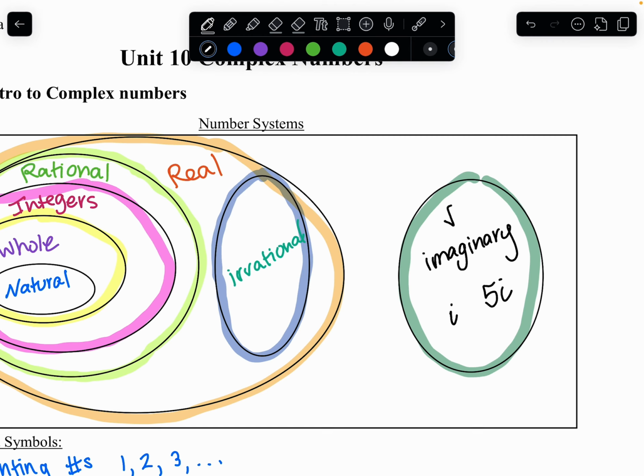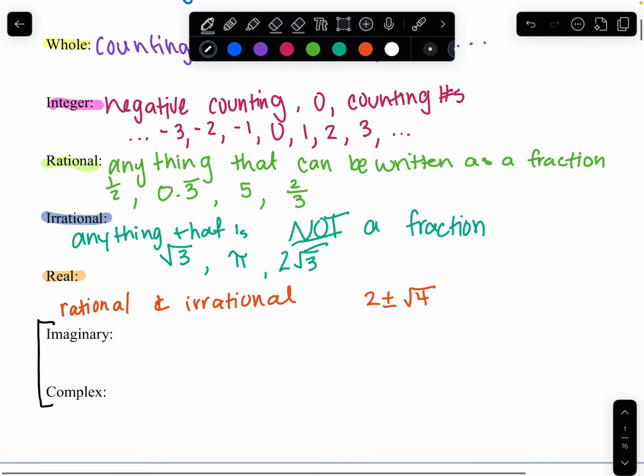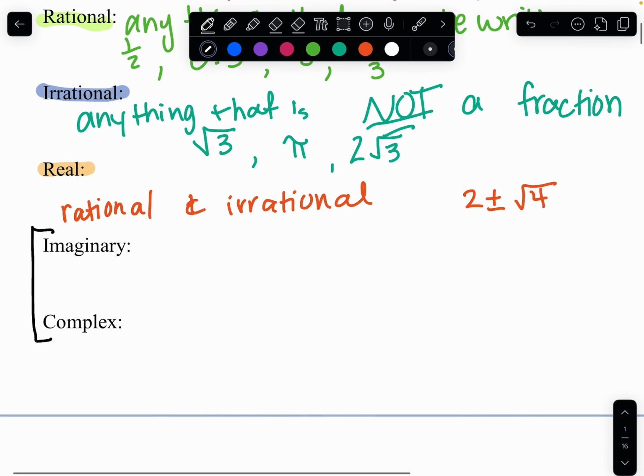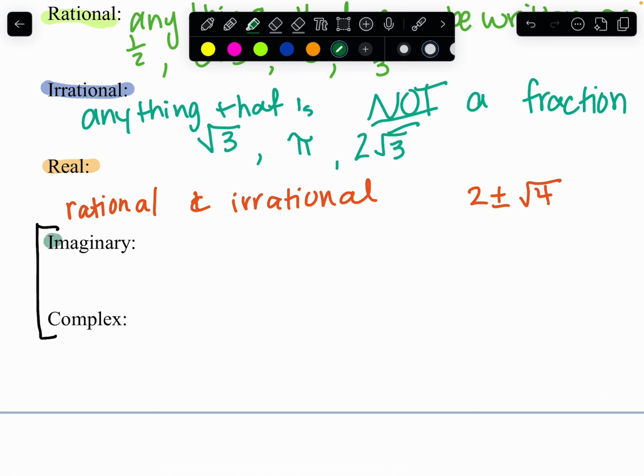Where it comes from, it is the square root of -1. Before this, we would say we cannot take the square root of -1. But that's because we were only working in the real number system. So imaginary numbers come from the square root of -1.